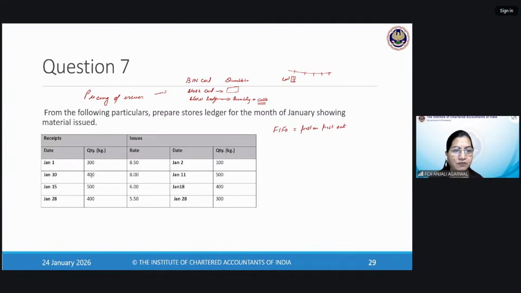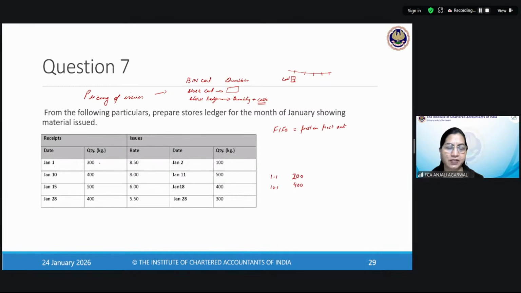However, on 10th January, what will happen? From these 300, only 100 units were issued. So you have 200 units of the raw material which was purchased on 1st January and 400 units which was purchased on 10th January in the balance, right?